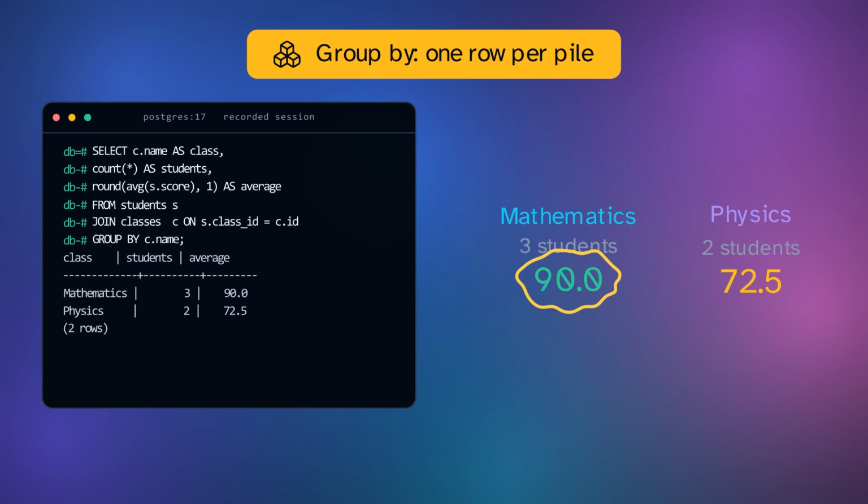And it is worth saying plainly. You get 1 row out per pile, not 1 row per student. This is the moment SQL stops being a way to look things up. One sentence just joined 2 tables, sorted every row into piles, counted each pile and averaged it. In a spreadsheet that is a morning of work.